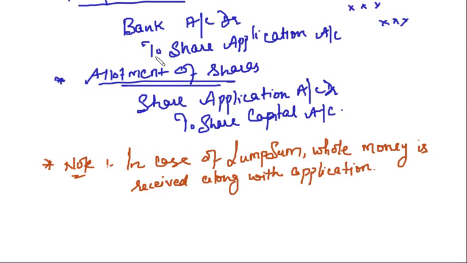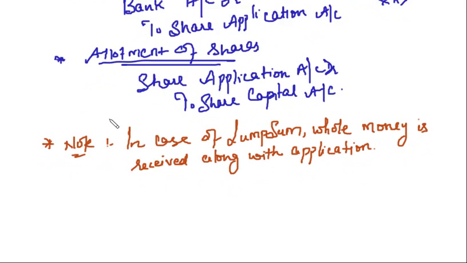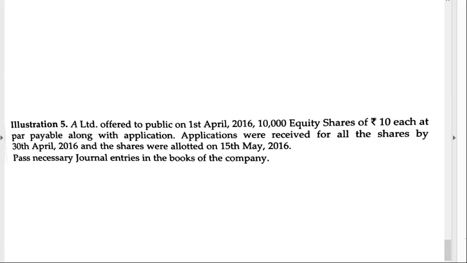What is the net effect of these two entries? Bank to share capital. That means we have received money against the shares, that is our share capital. This money we are going to use for our business. Right? Let us do a practical problem on this. Very simple. A simple practical problem.